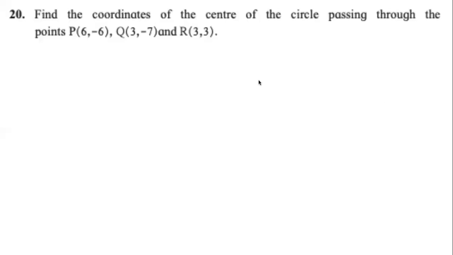Find the coordinates of the center of the circle passing through these three points. You will think it is a new question. It is not a new question. What is this question similar to? Tell me in the chat. You have already done this.